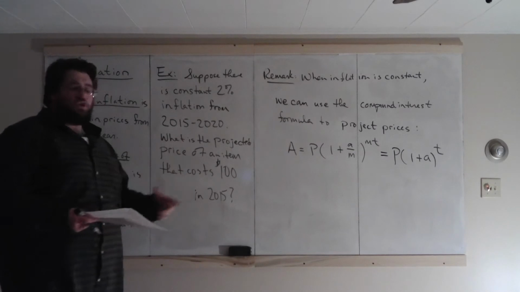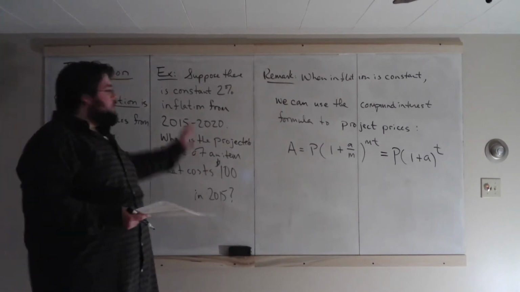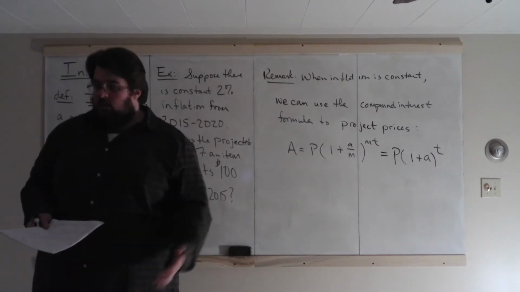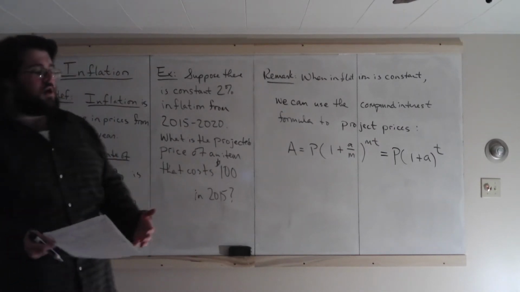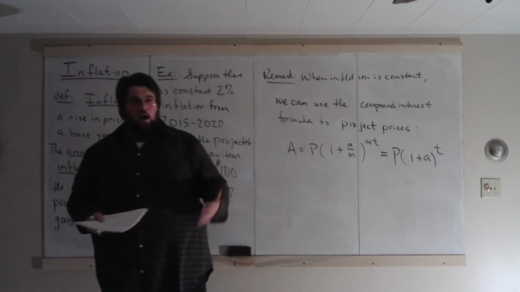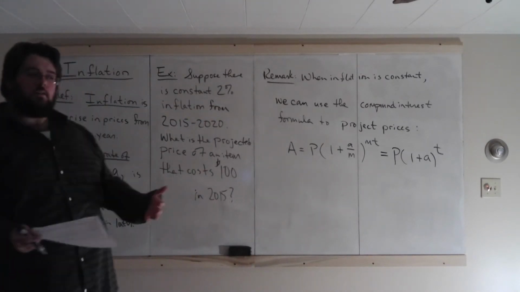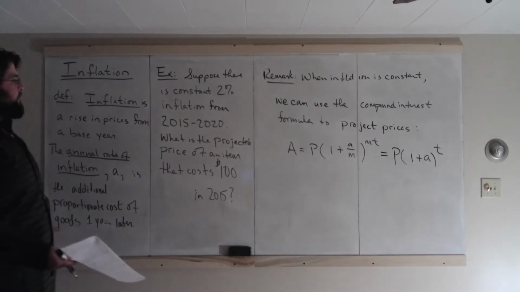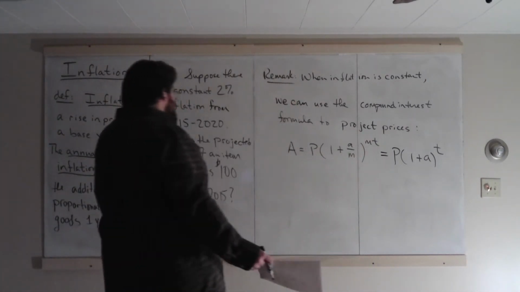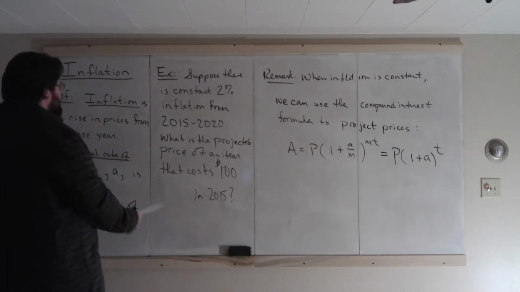In the first year it gains 2 cents, and the product costs $1.02 at the beginning of the next year. The next 2% would occur on that $1.02, not the original dollar. So we use the compound interest formula to project the prices.